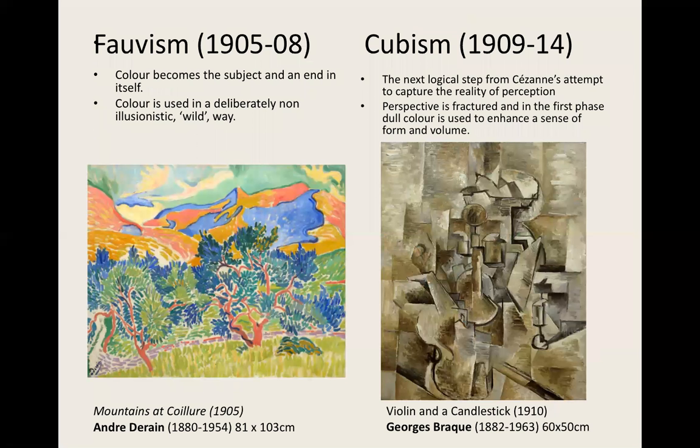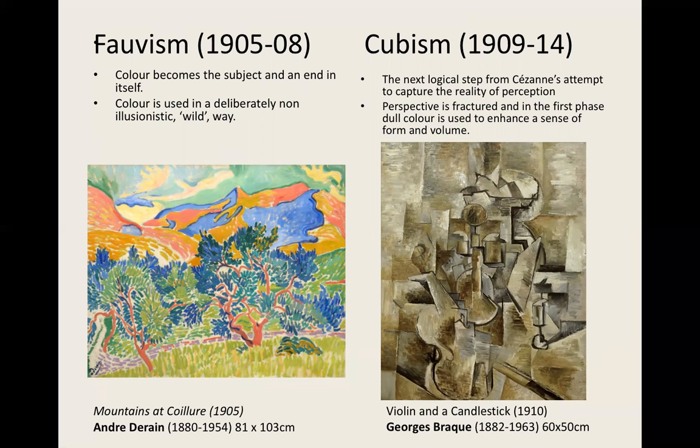Most notably, that was from Fauvism, which was '05 to '08. They took it to the next logical extreme, whereby color was the subject of Fauvism. They used it in wild ways that, if you look at this painting, there's completely no sense of depth that was going on in the Impressionists.